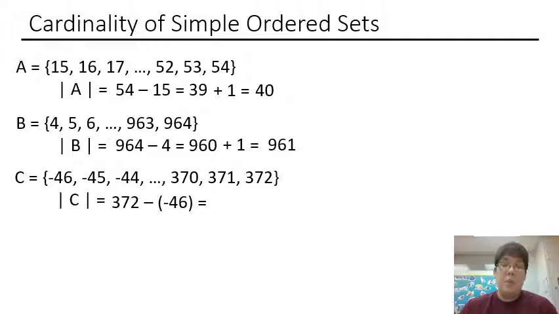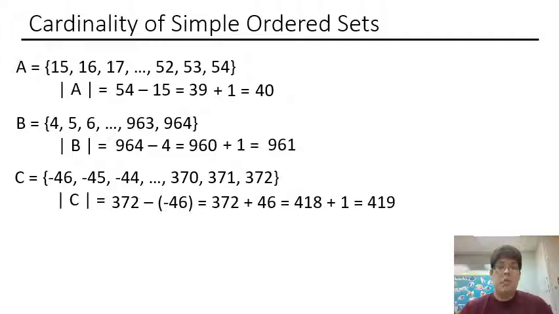Now, if you remember anything, when you have two negatives together, they turn into a positive. So that's going to be 372 plus 46, which gives you 418, and then you add 1, and so there's 419. Now, aren't you glad you know this little trick and you don't have to sit there and count 419 on your fingers? So there you go.